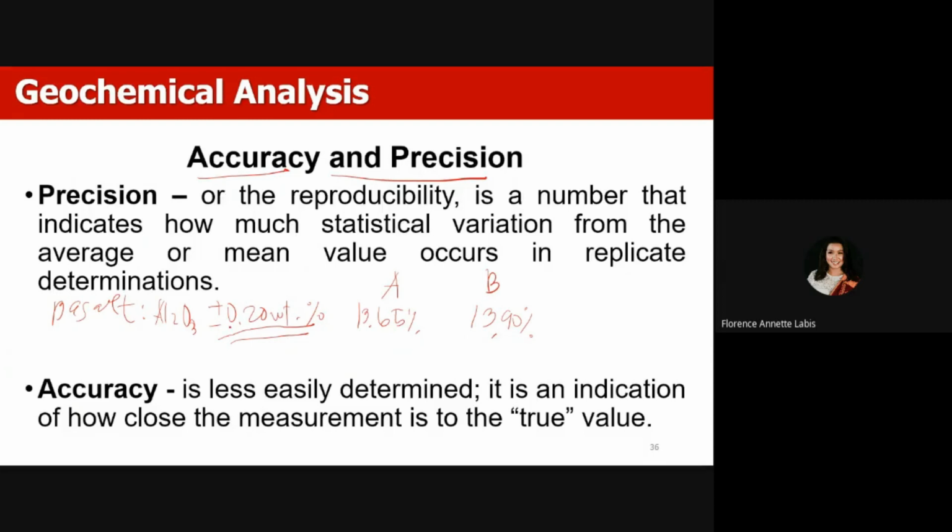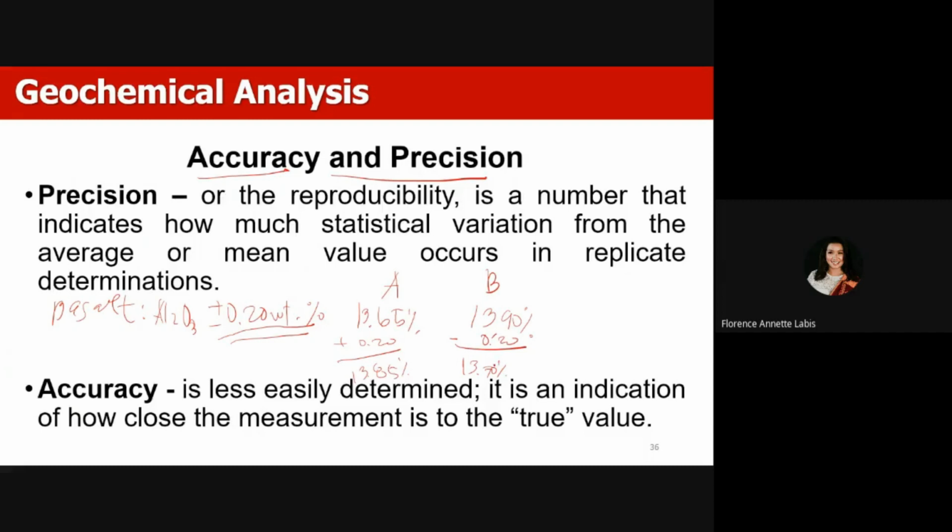But because you are given this error of plus or minus 0.20 weight percent, if we add 0.20 to 13.65, for example, it becomes 13.85, right? And for 13.90, if we subtract 0.20, that will equal 13.70.